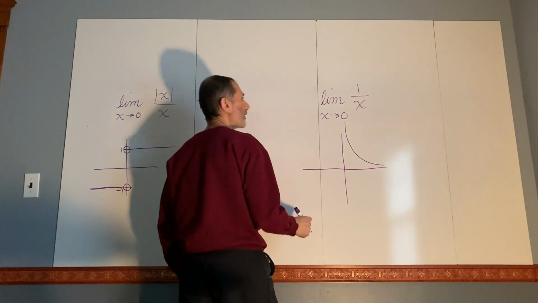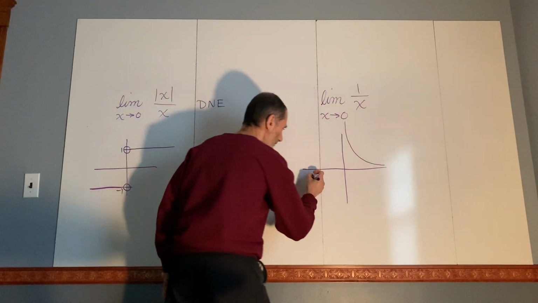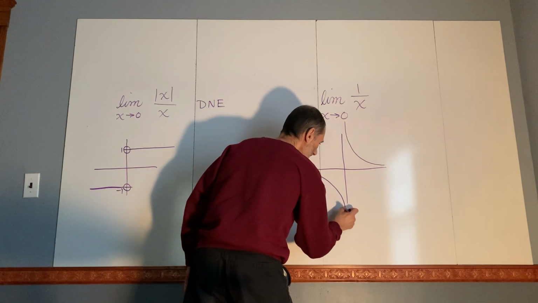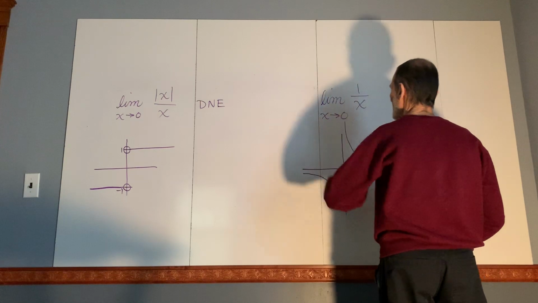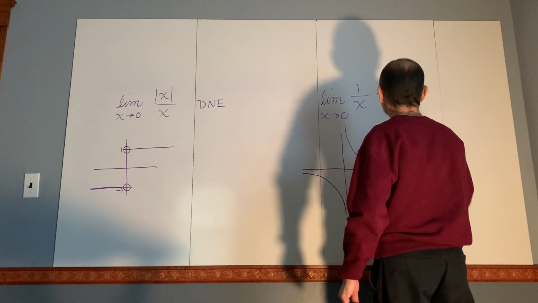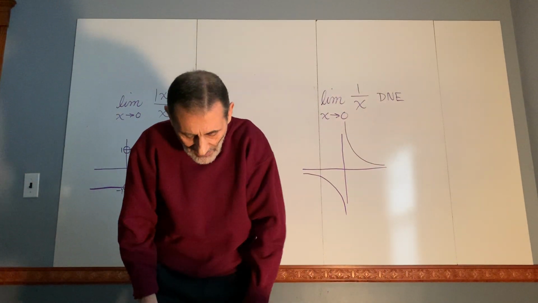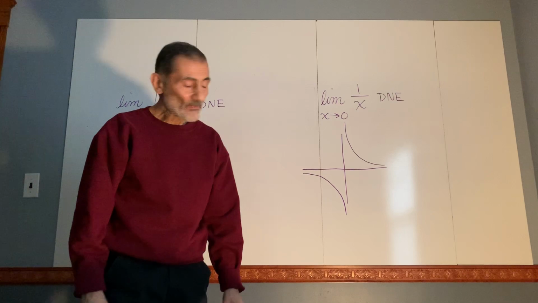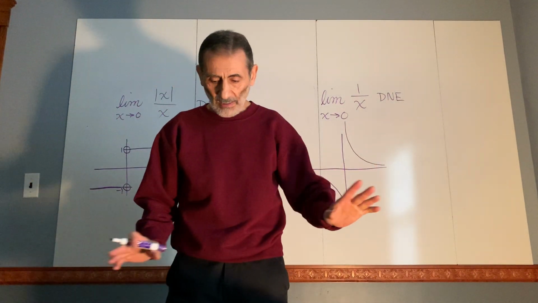As x approaches 0 from the left, we have 1 divided by an infinitesimally small negative number. That's going to negative infinity. The limit of 1 over x as x approaches 0 does not exist. Now we can talk about one-sided limits, which we will do in a later lesson, but suffice it to say that the ordinary limit here for both of these does not exist.